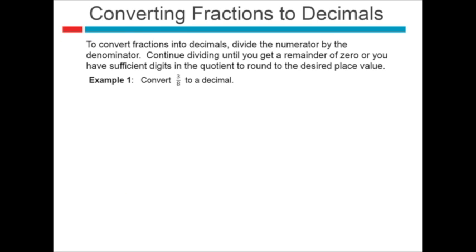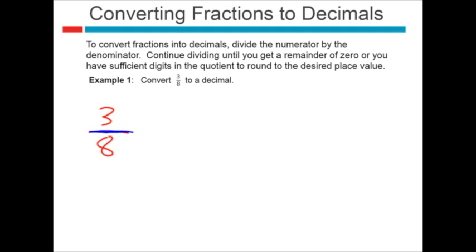So in this example, we're going to learn how to convert 3/8 into a decimal. To convert fractions into decimals, first you divide the numerator by the denominator. So we're going to set this up as a division problem. That should make sense, because the fraction bar is another way that you can represent division.